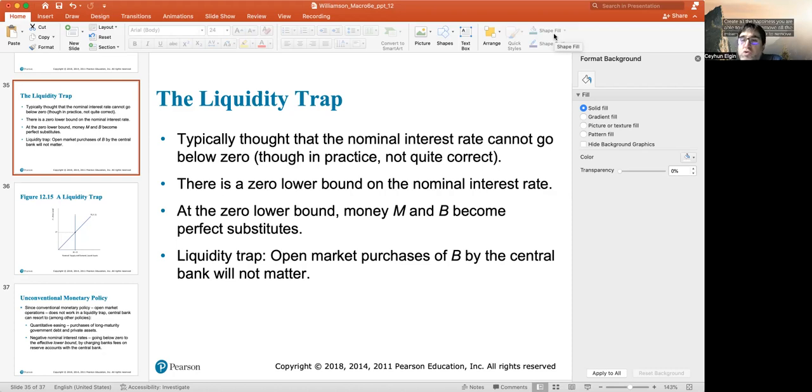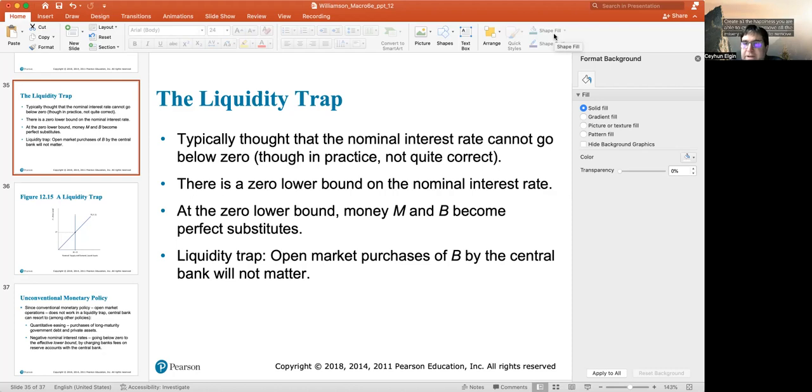The real rate can be negative. Nominal interest rate, in practice, doesn't really get much negative, even though there are some instances in which it has been negative, but it rarely becomes negative. And even if it becomes negative, it doesn't become too much negative. There is a limit to that.